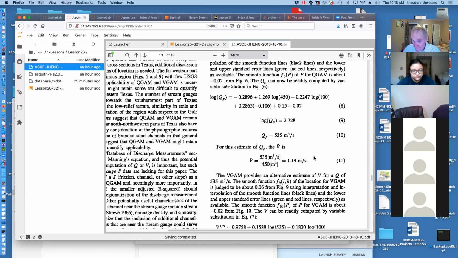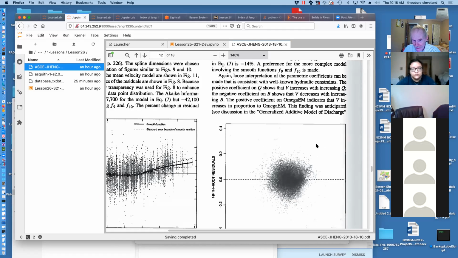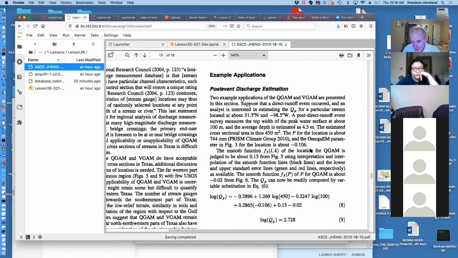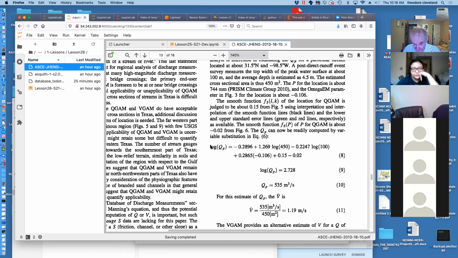And then finally, this is actually very relevant to your projects. So once we've done all that, the goal of that wasn't to make these cool pictures, except to get the paper published. The goal was to produce an equation like equation 8, which now allows a designer to estimate the log of discharge based on latitude, longitude, mean annual precipitation, and the omega function, which comes from a map.